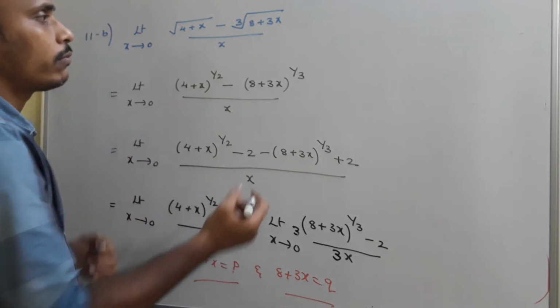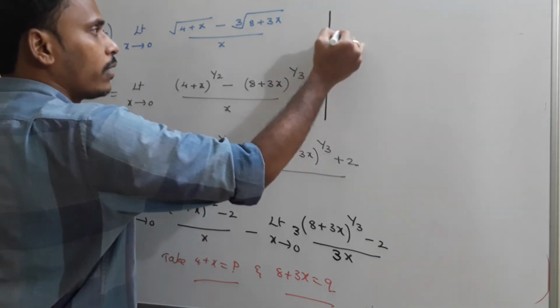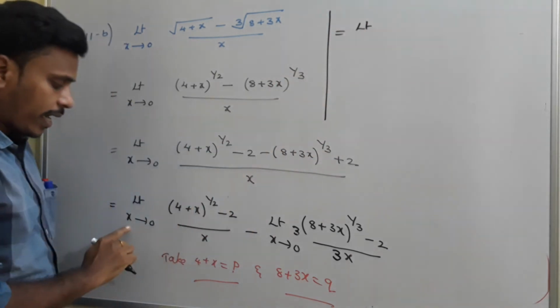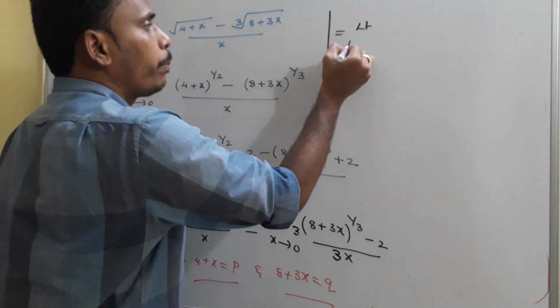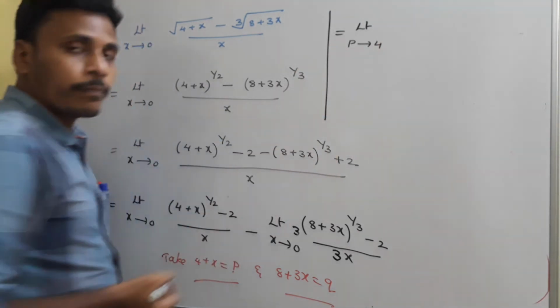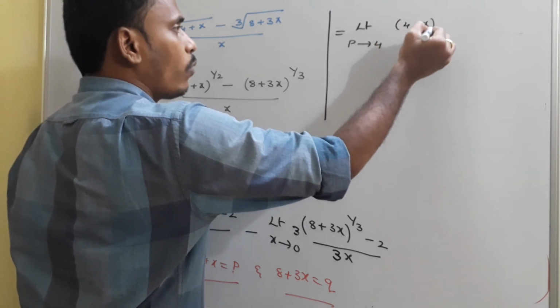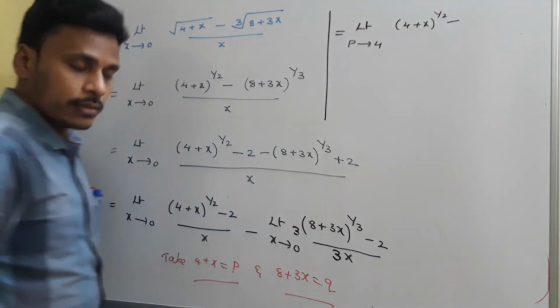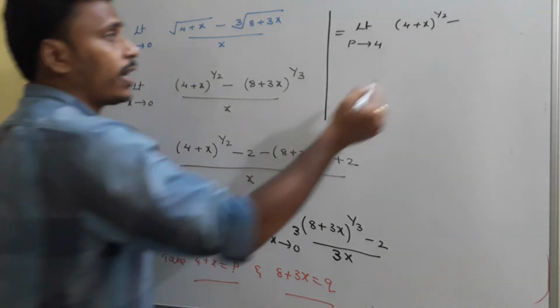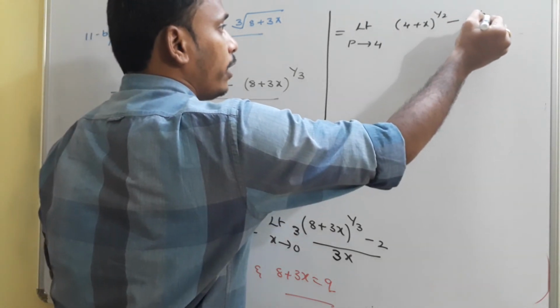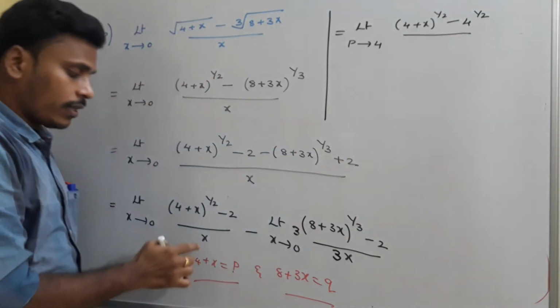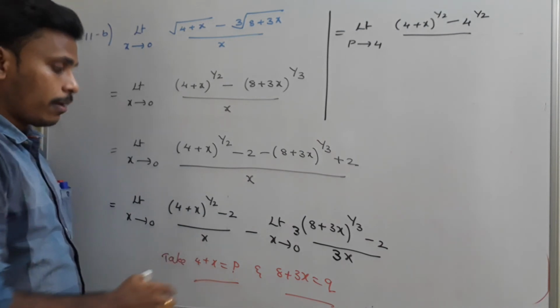Now the problem will become: limit x tends to 0 becomes p tends to 4. Here it is (4 plus x) to the power 1 by 2 minus 2, which can be written as 4 power 1 by 2, divided by x, which is simply p minus 4.